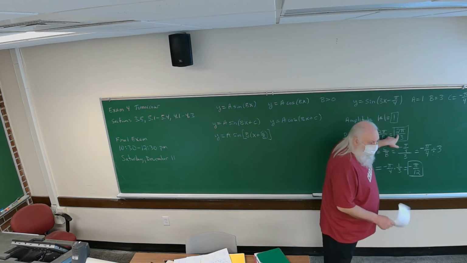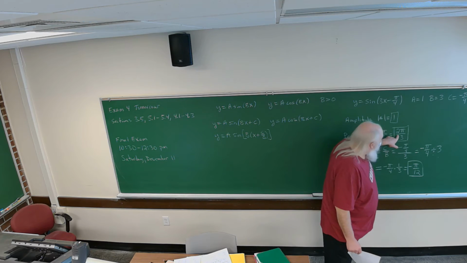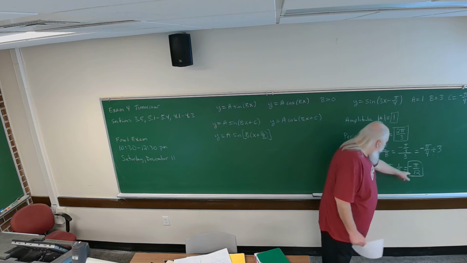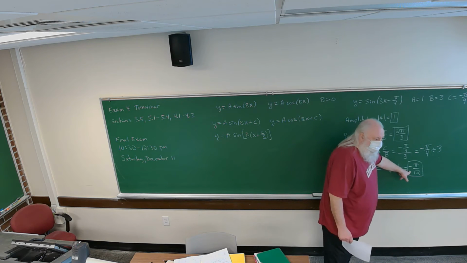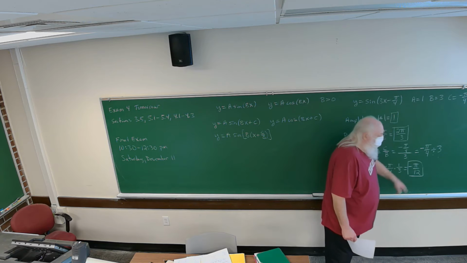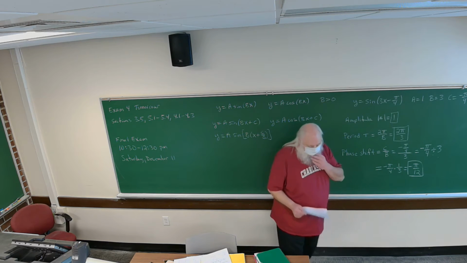It's been compressed horizontally by a factor of 3. And the graph has been shifted to the right. This is negative. Remember, negative is shifted to the right. Positive is shifted to the left. And it's been shifted to the right pi over 12 radians.